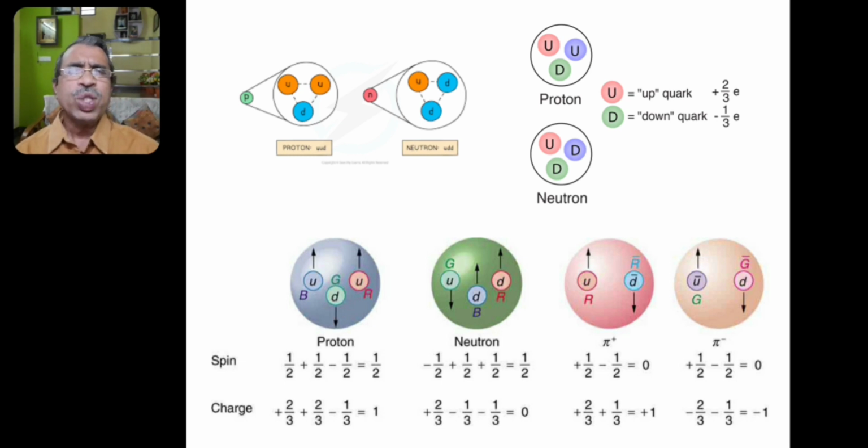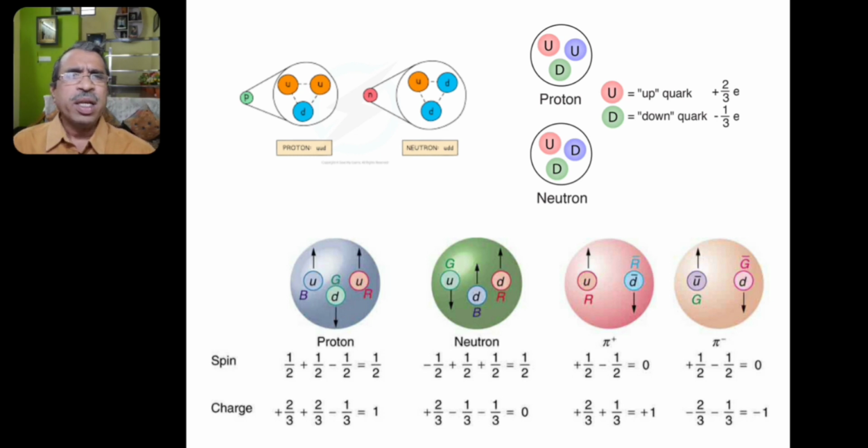Proton contains 2 up quarks and 1 down quark. So the spin of the proton is given as follows: the 2 up quarks have the positive spin, plus half, and the down quark has a negative spin, that is minus half.